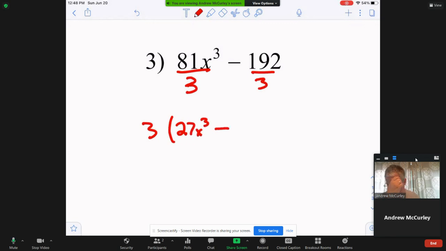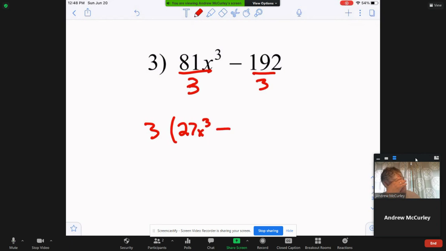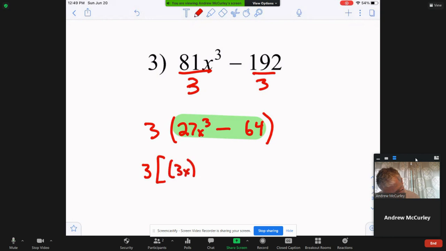minus, let's see, 3 goes into 192 64 times. Oh, look at that. And 27 is a cube, 64 is a cube. Now we're just going to worry about factoring this part. So that's going to be like saying 3x cubed minus 4 cubed, right?